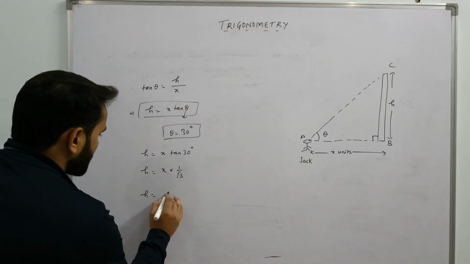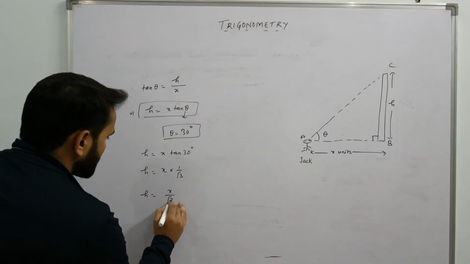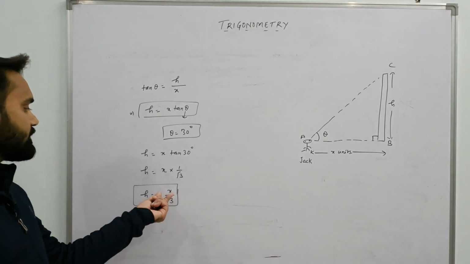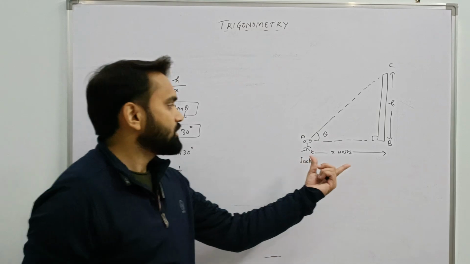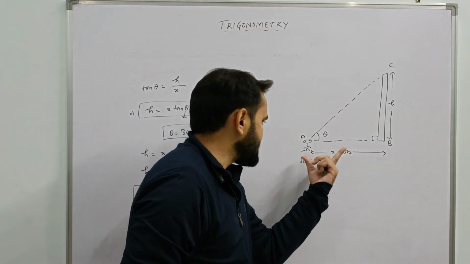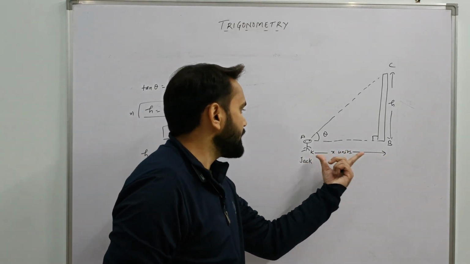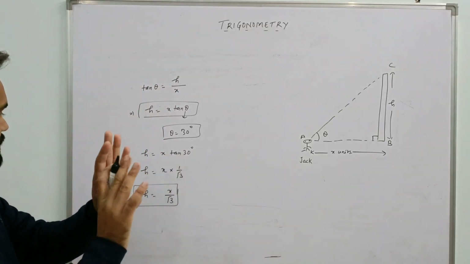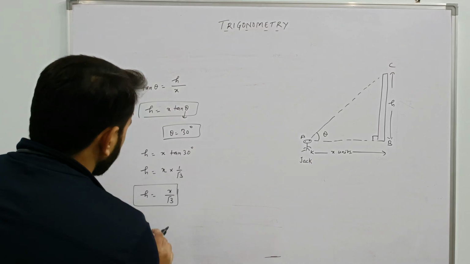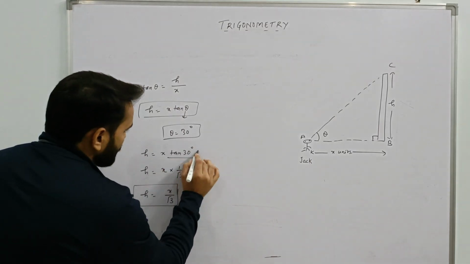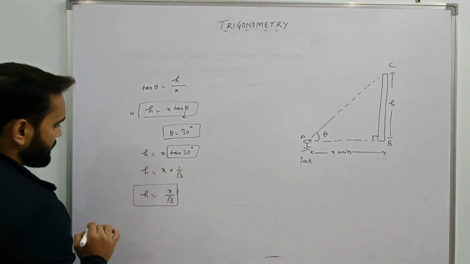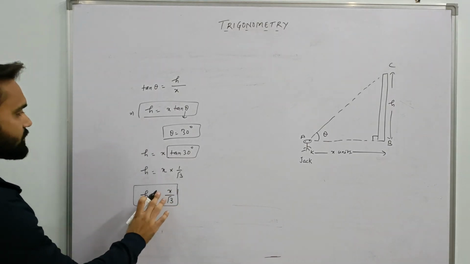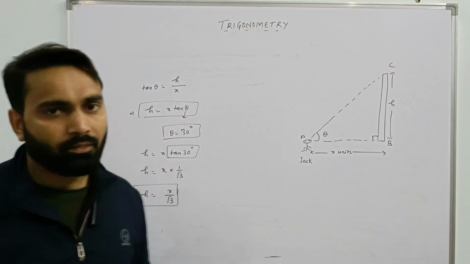So h is equal to x upon root 3. That is our answer. So here we will be given, or we can measure, the distance between the foot of the building and the boy, and from the trigonometric ratio table we can find the value of tan 30 degree. Okay, and just put the value of tan 30 here, we will have the solution of our problem.